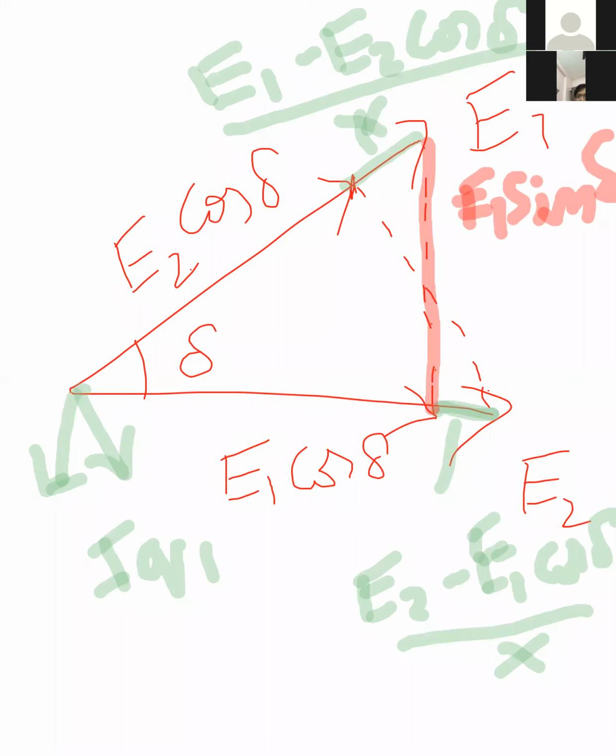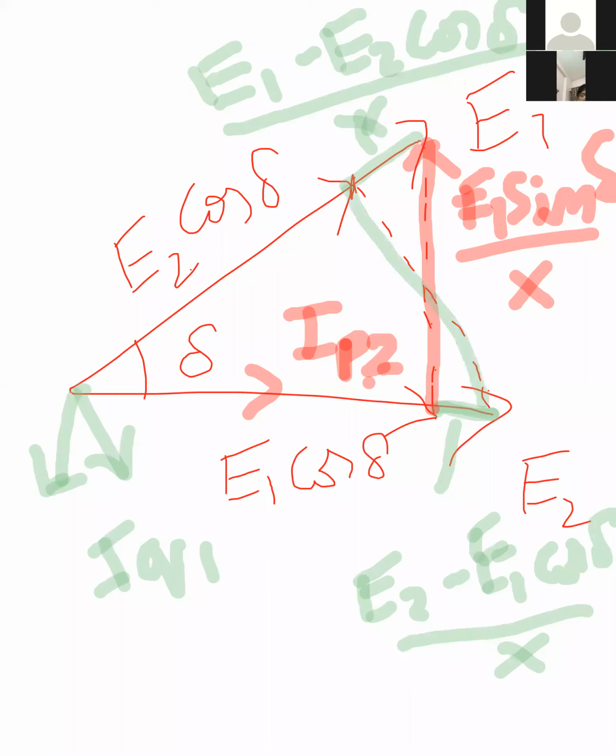This E1 sine delta divided by X gives rise to a phase current IP2, because lagging by 90 degrees gives rise to it. Then, with the green I am marking the other one, that is E2 sine delta.